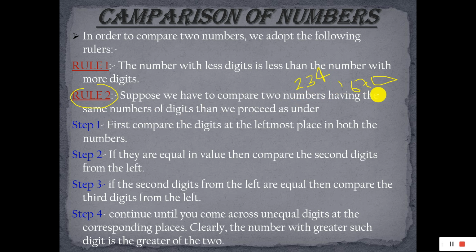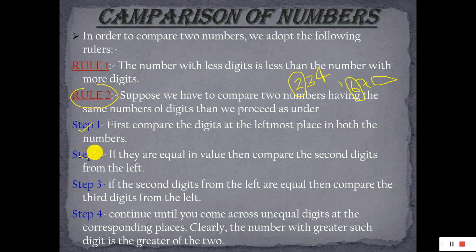Then how can we say which one is greater and which one is lower? So first step is, first compare the digits at the leftmost place in both numbers. Now you can see, in this number 2 is the leftmost, and in this number 6 is the leftmost.